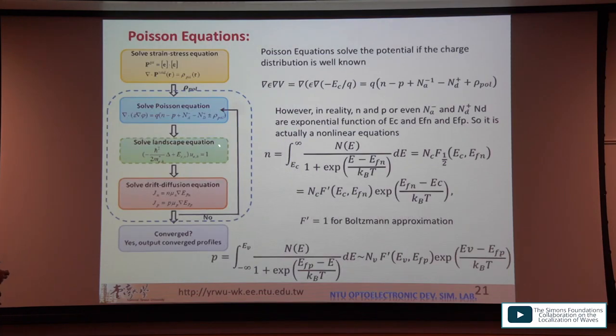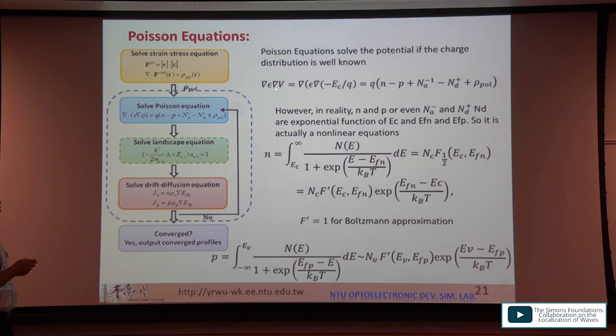Okay, then let's go to the numerical details. You want to solve the Poisson equation. The ideal Poisson equation that you solve considers potential V, or psi as somebody uses, and it's equal to the total charge: you have polarization charge, and other charge like trap charge, everything you can put on the right-hand side.